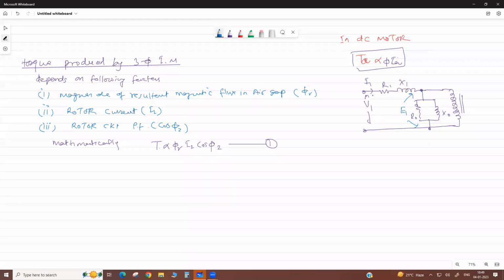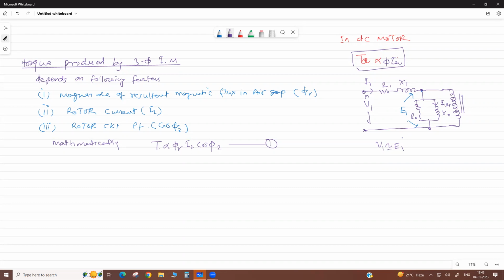When we apply the voltage, if we neglect the drop in stator impedance, these two voltages are very close, means equal. V1 equals E1. And as I told, this current flowing here is I mu. So the voltage across each branch is E1 or V1.